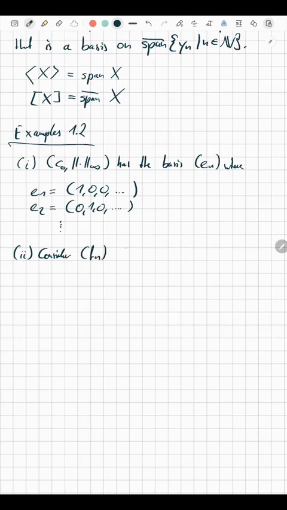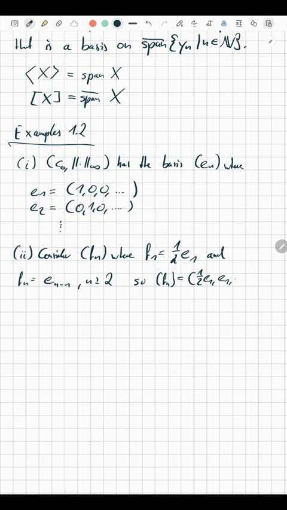Consider Fn, where F1 is equal to 1/2 E1 and Fn equals E(n-1) for n bigger or equal to 2. So Fn is 1/2 E1 and then E1, E2, E3 and so on.